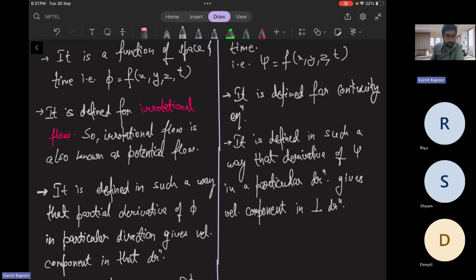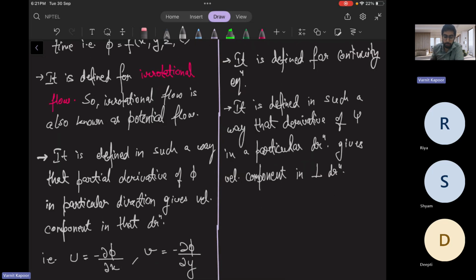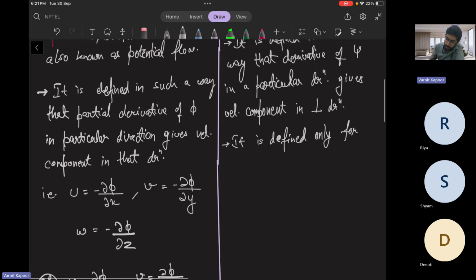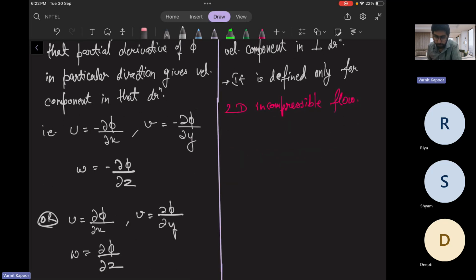Okay, perpendicular symbol is this, and it is defined only for two-dimensional incompressible flow. Okay, always remember.